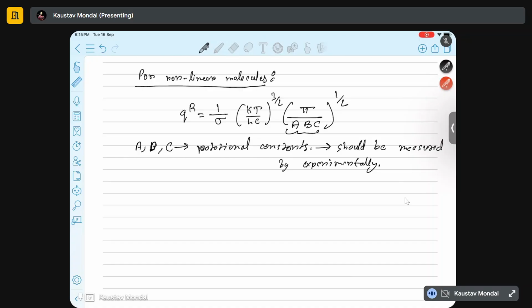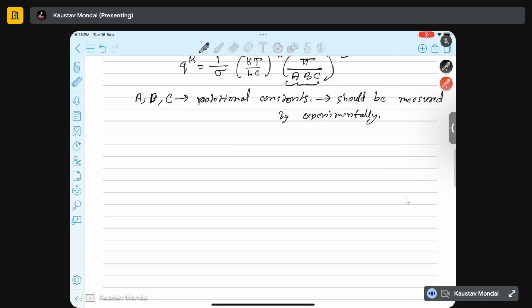Next we have discussed the vibrational contribution to the partition function.